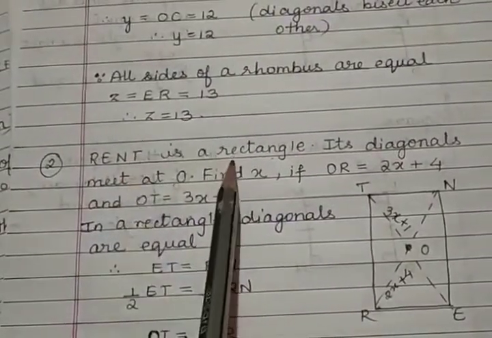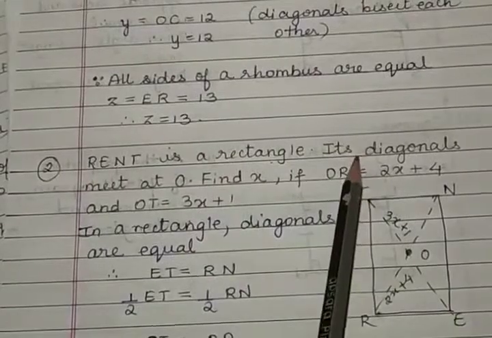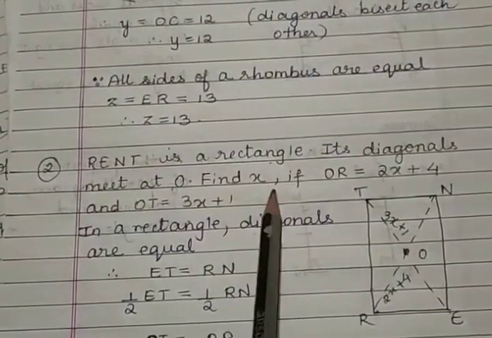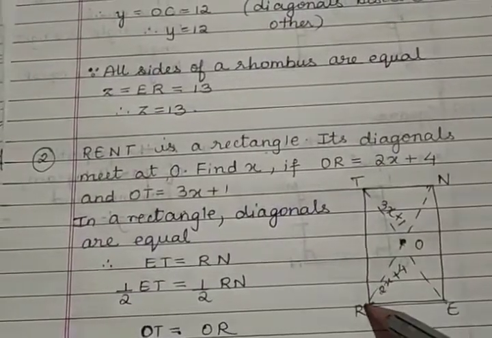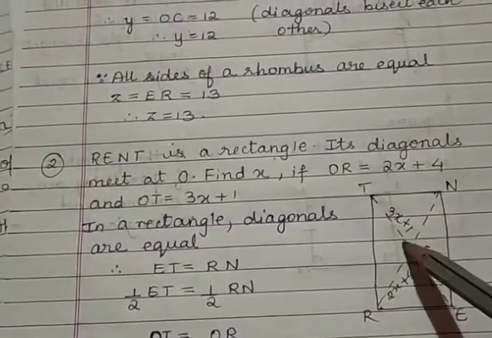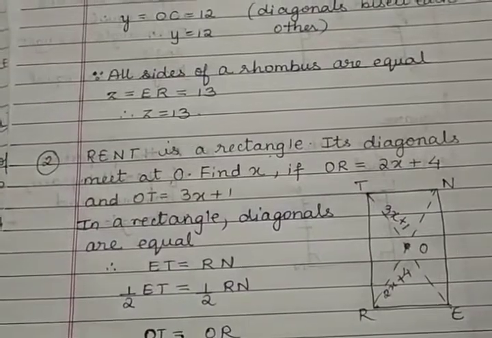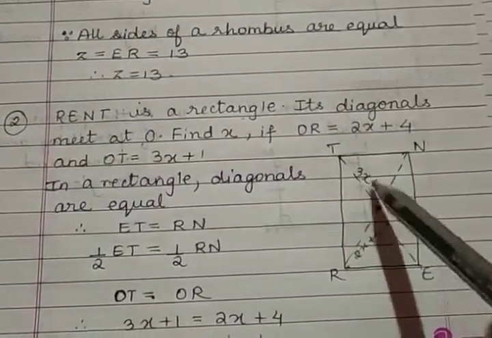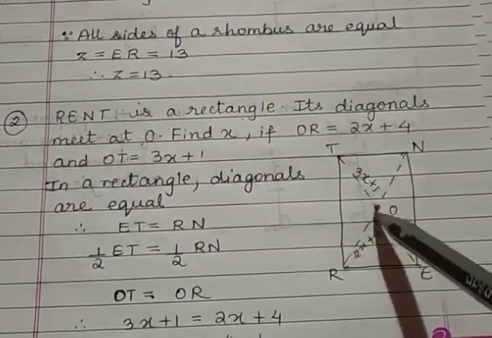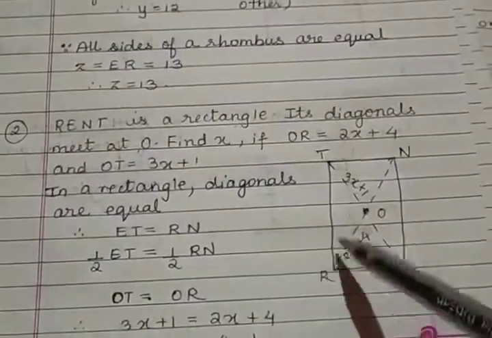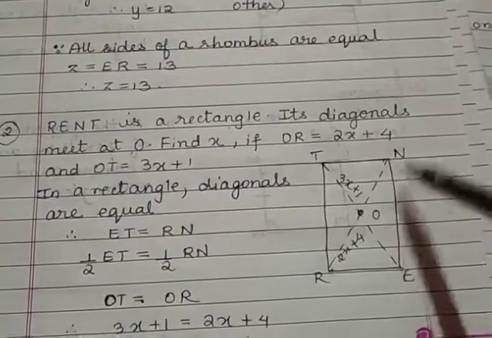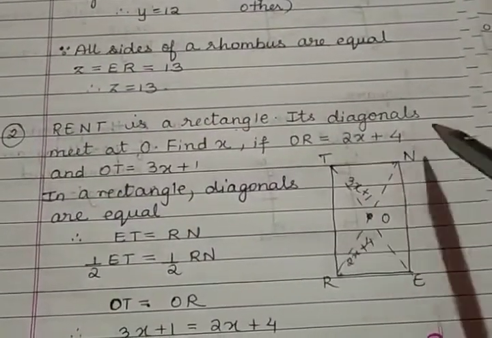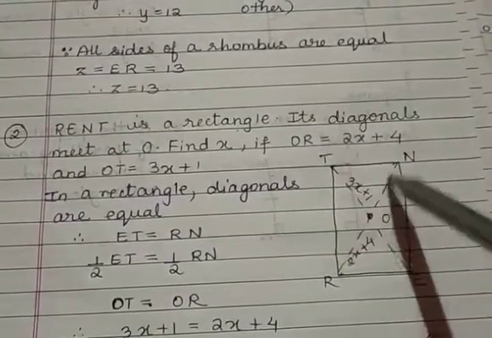RENT is a rectangle. Its diagonals meet at the point O. Find X if OR is 2x plus 4 and OT is 3x plus 1. So you are given that this is a rectangle and you are given OT and OR. Now you know that by property of a rectangle, the diagonals are equal, right?